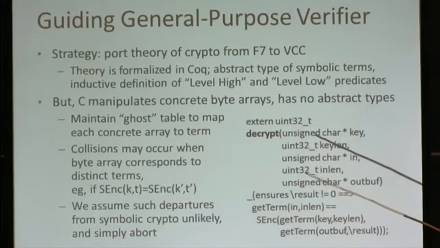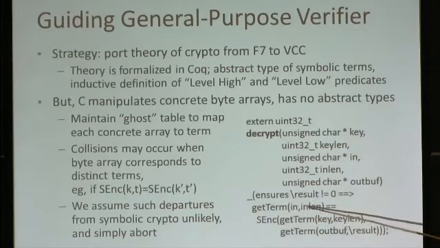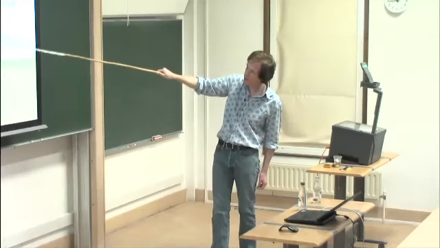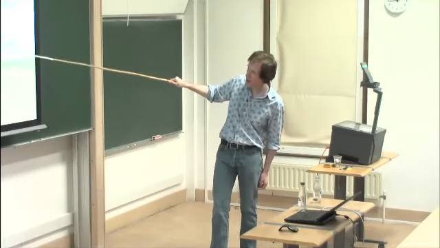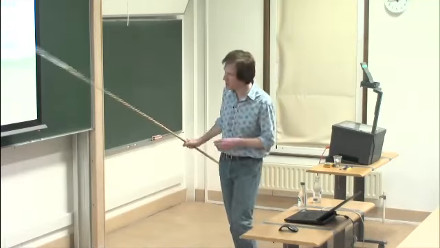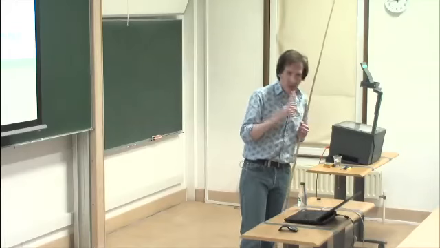It's a stateful function that takes the current state of memory and interprets it as a Yao term. It says that the term corresponding to that part of memory is an senc of the key and the resulting plaintext.